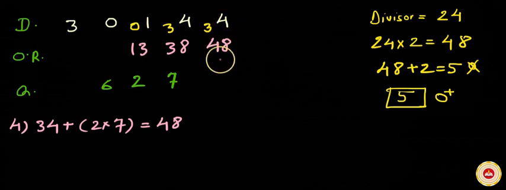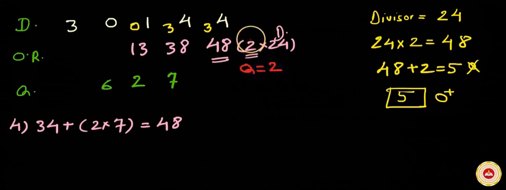Now see friends, we have covered all the digits and we have calculated last osculation number result, which is 48. Now see friends, this 48 is 2 multiple of given divisor 24. Correct? Do you see this? Divisor is 24 and this 48 is 2 multiple of divisor 24. It means that the multiple is the quotient.